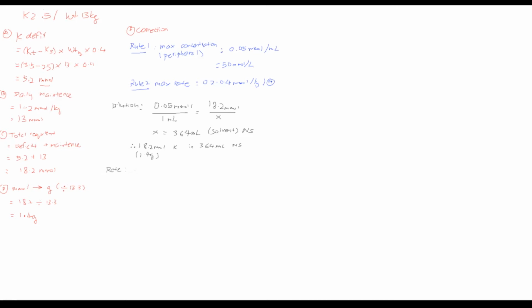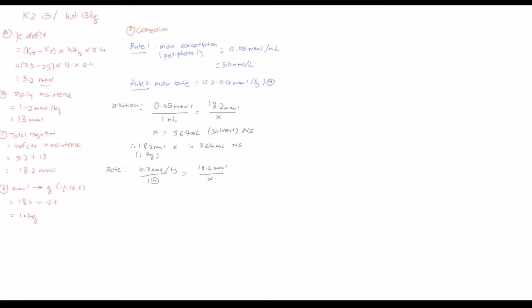So next we'll calculate the rate of correction. Taking back our formula 0.2 to 0.4, we'll take 0.3, the middle value. So 0.3 millimoles per kg over 1 hour is equal to 18.2 millimoles per x, where x is the number of hours or minutes that we are giving the potassium.